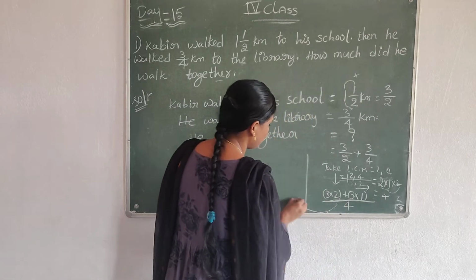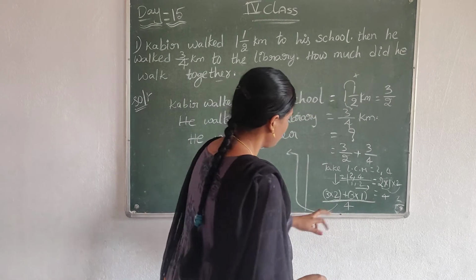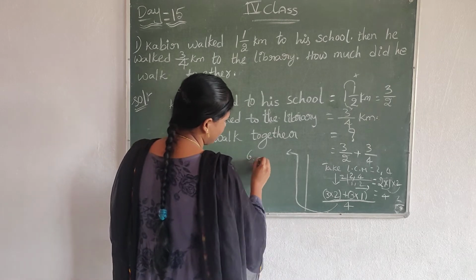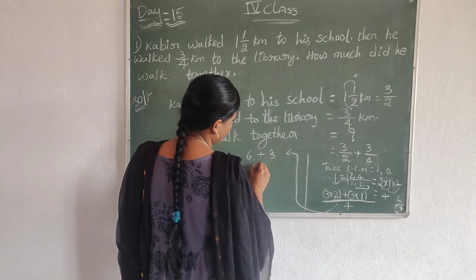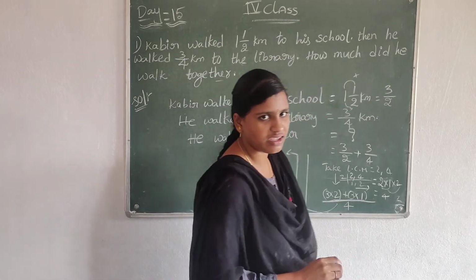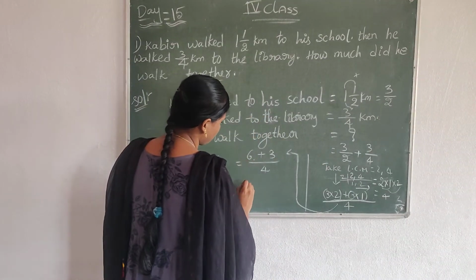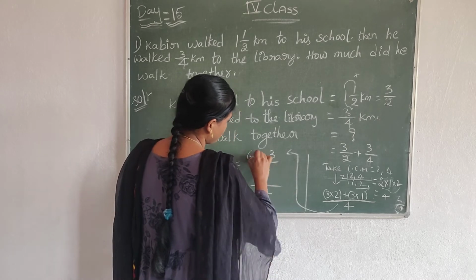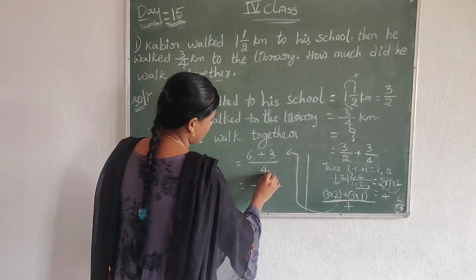I will do this sum here. 3 twos are 6 plus 3 ones are 3 by 4. 3 plus 6 is 9.